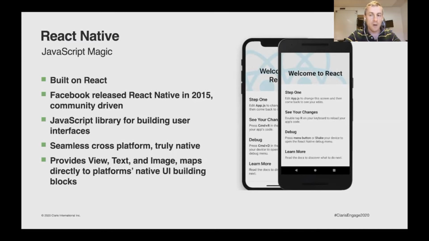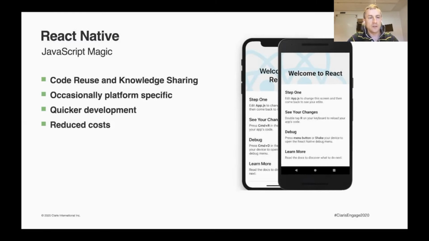Under the ground, it provides view, text, and image components that map directly to the platforms' native UI building blocks. One of the key advantages of React Native is code reuse, and specifically code reuse between iOS and Android, because you write one piece of code that just works on both platforms.